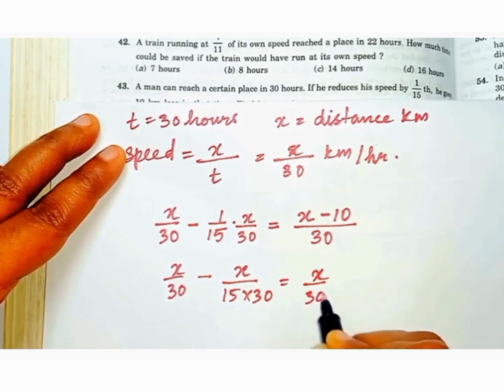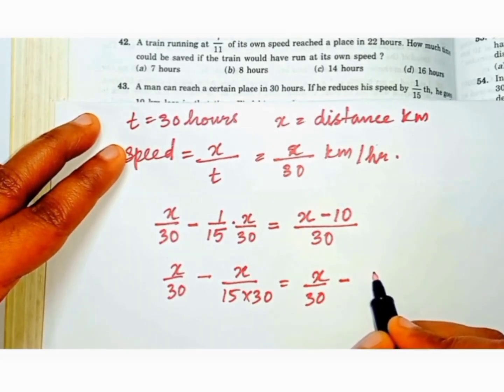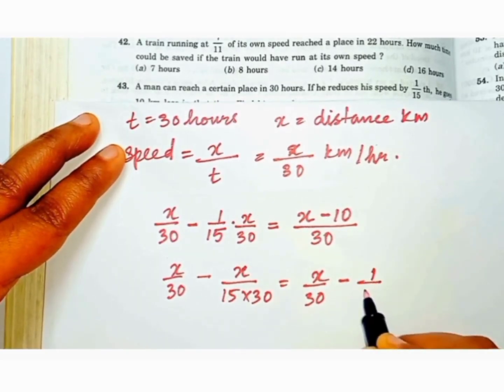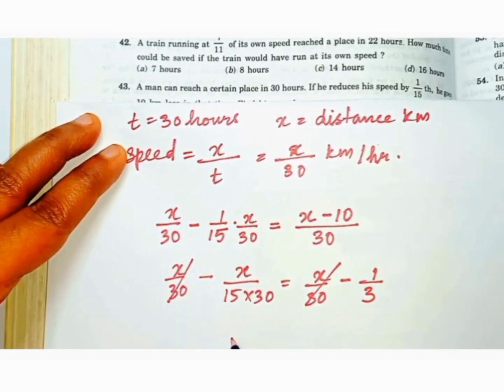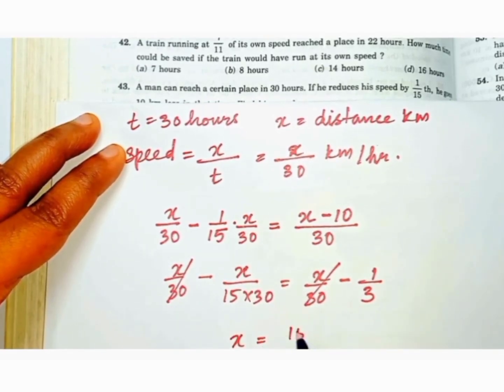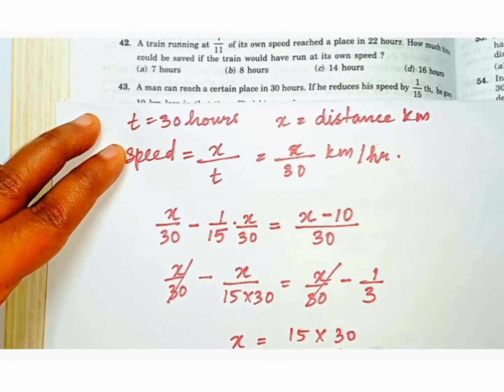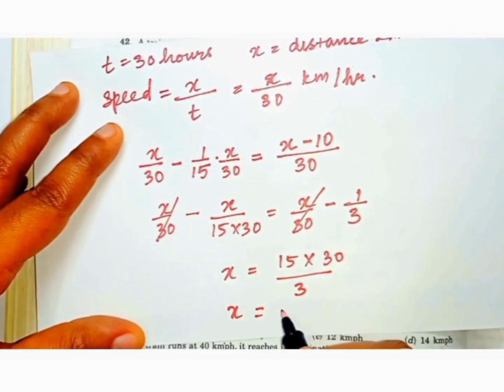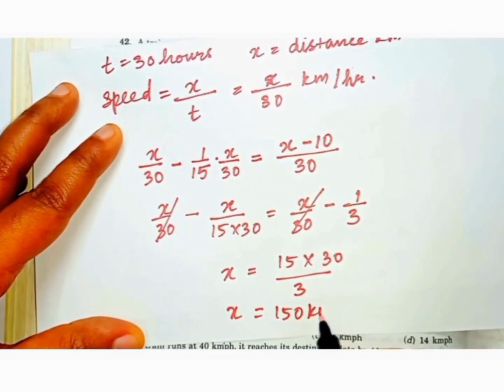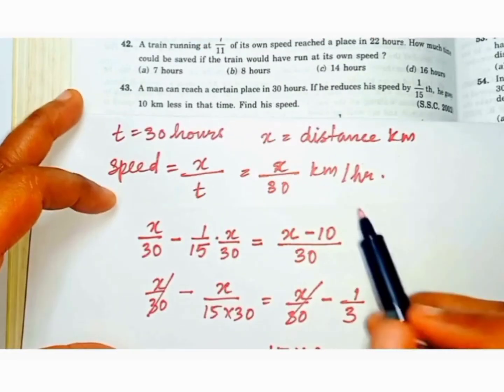It can be written as x by 30 minus 1 by 3, for which x by 30 and x by 30 can be cancelled. So x is equal to 15 into 30 by 3, which will give an answer of x is equal to 150 kilometer.